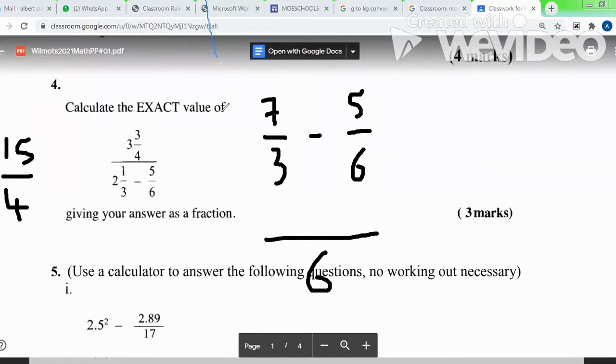And then the 2 multiplied by the 7 will give you 14. Then the sign. And then 6 into 6, 1, and then 5 ones. Equal to 5 from 14, leave 9, so you'd have 9 over 6.